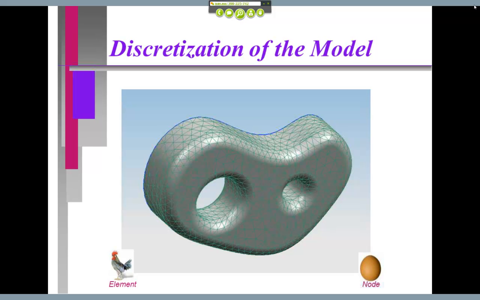So in the discretization of the model, the first question that always comes up in the literature, and the author of this book talks about it a little bit, is: do I put nodes down and then create elements? Or do I create elements, and in the creation of the elements, I identify the nodes? Well, the nodes are the corners of any element.